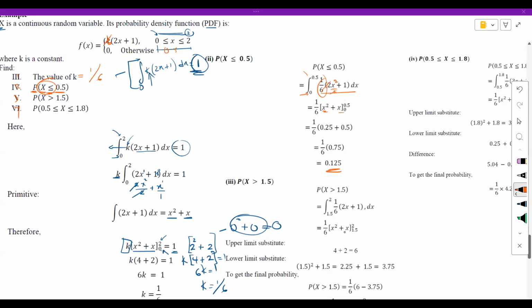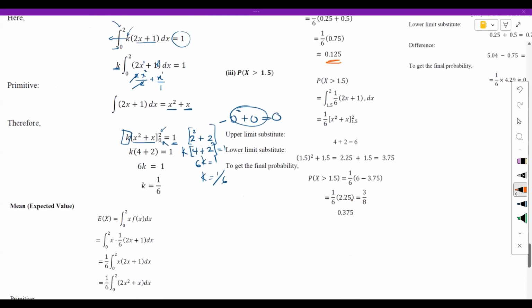What is this? 0.375. We got the same answer here as well.